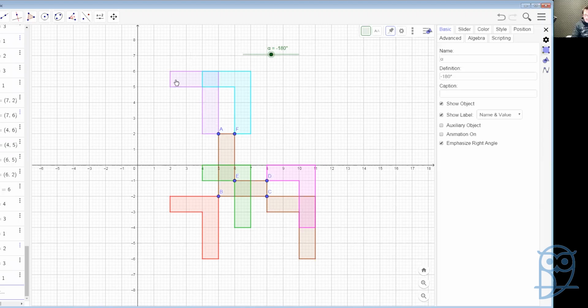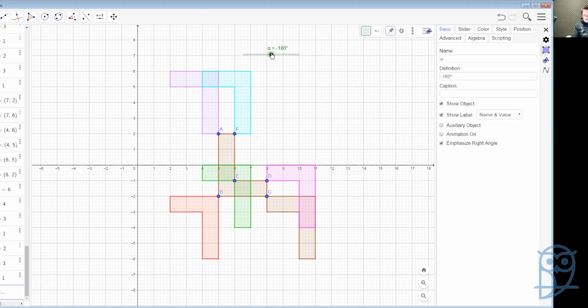So this one is shifting 2 units to the right. There you'd be shifting 8 units down. This one to there, 6 units to the right, 2 units upwards. From here, 4 units to the right.